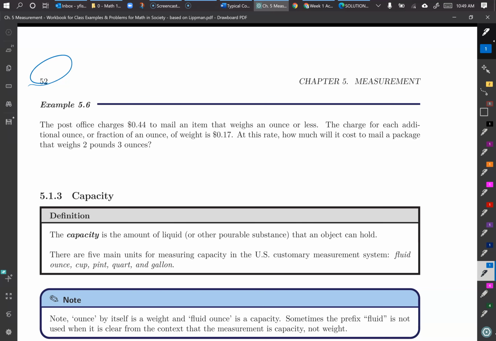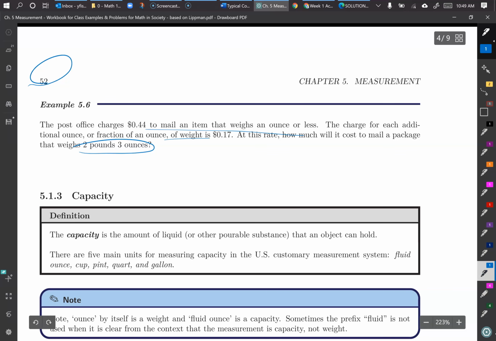So I think the easiest thing to do is just get everything into ounces. Get that 2 pounds and 3 ounces into just total ounces, and then you can figure it out from there, because all this is given related to ounces, right?